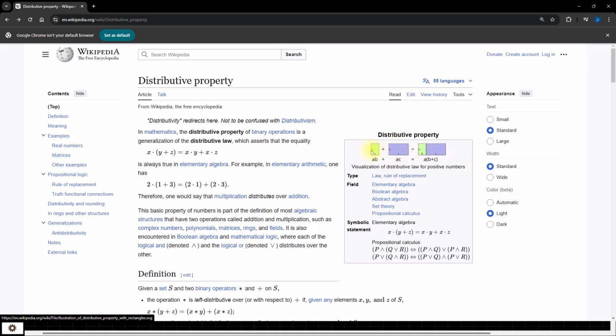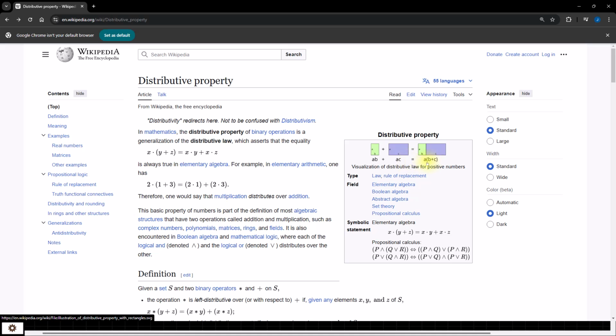So we have a vertical height of A and a horizontal of B. So the area of this shape here, this rectangle, is A multiplied by B. If we add that to the rectangle here where we have the same height A and horizontal length of C, the area will be A times C. And if we add these two areas together, we should get the combination of the areas.